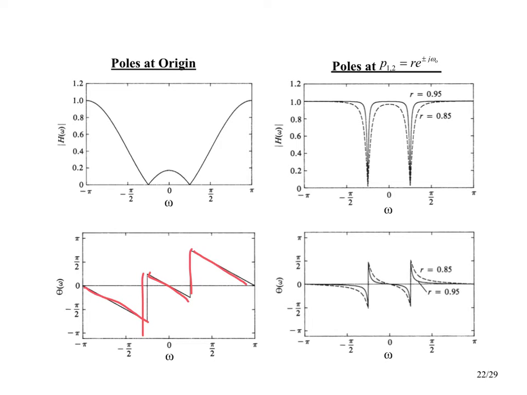So what's happening there is discontinuities at these places where the magnitude goes to 0. So we still consider this to be a linear phase response. Okay, so that's notchers.